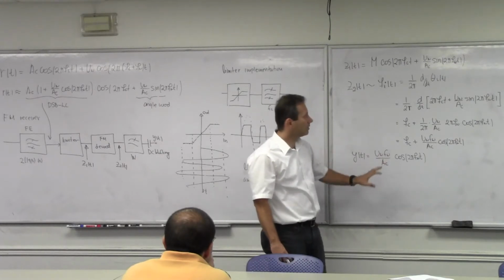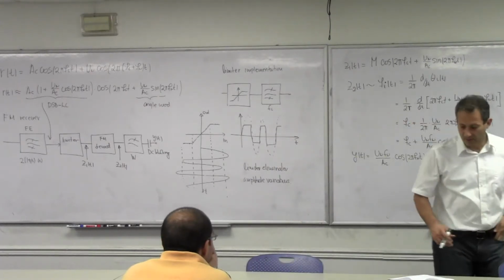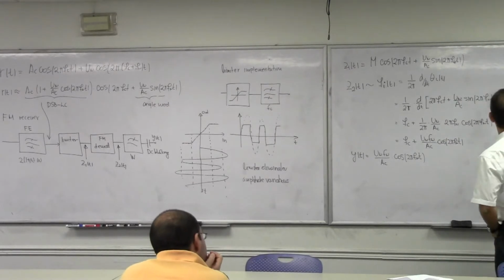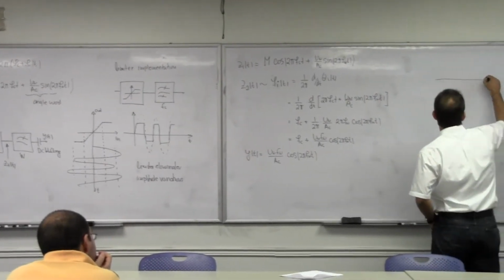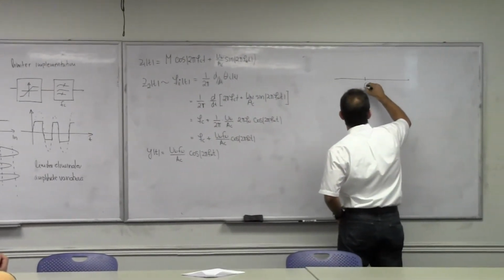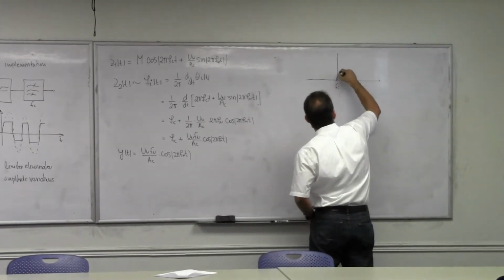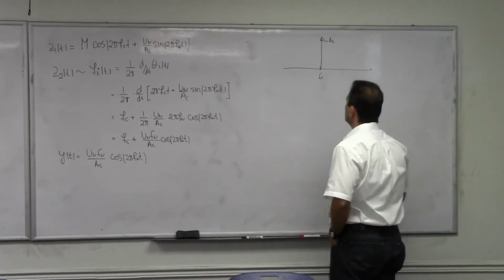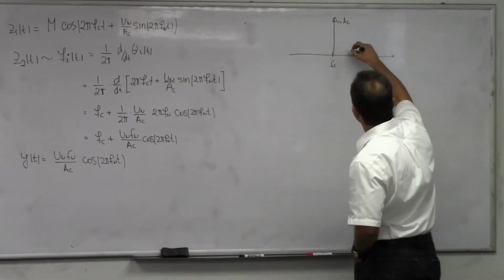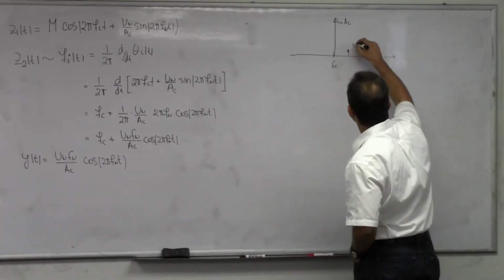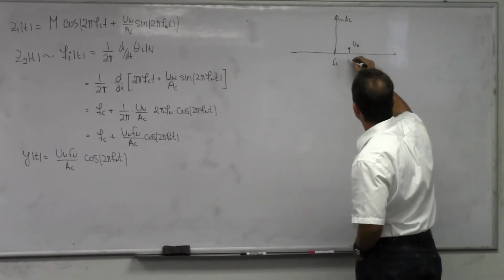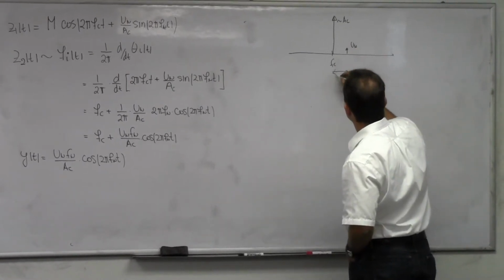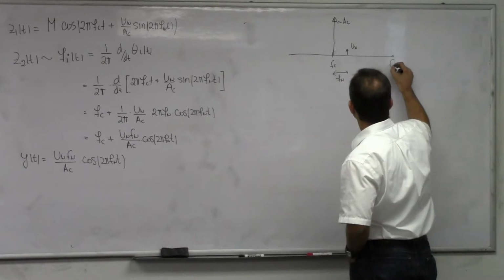But for right now, let me summarize graphically what we have analyzed. Here's our starting point. This is your carrier. It's a strong sinusoid that has magnitude proportional to AC. There's a parasitic component here that has the magnitude UN and is separated by Fn in the spectral domain.